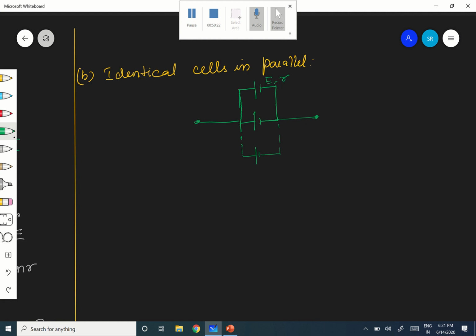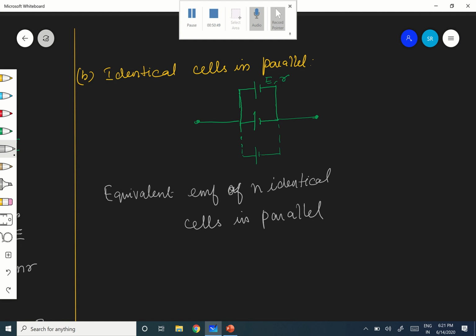What is the equivalent EMF of n identical cells in parallel?